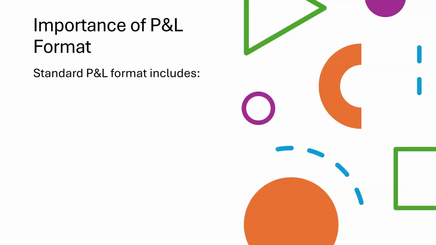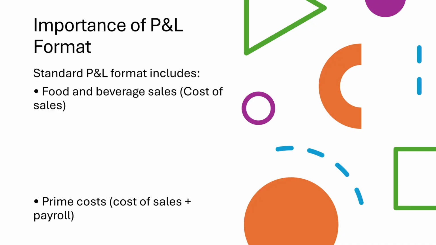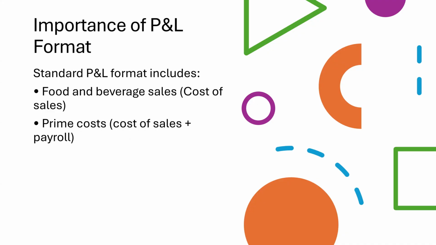Okay, so your standard P&L format will include sales, food and beverage sales, right? Also, we're going to understand what the cost of those sales are. It includes any prime costs. So this could be the cost of sales and payroll, which we'll talk about.